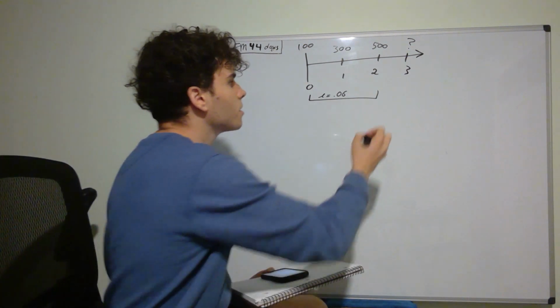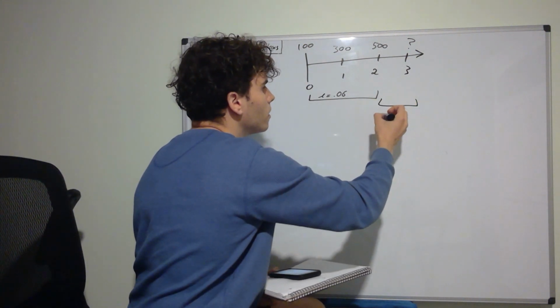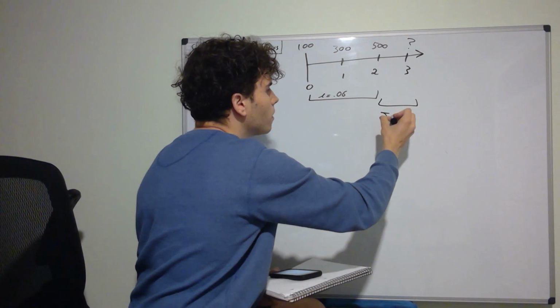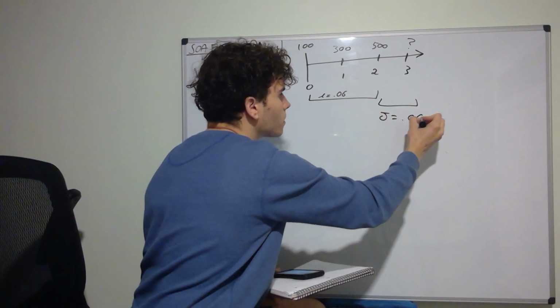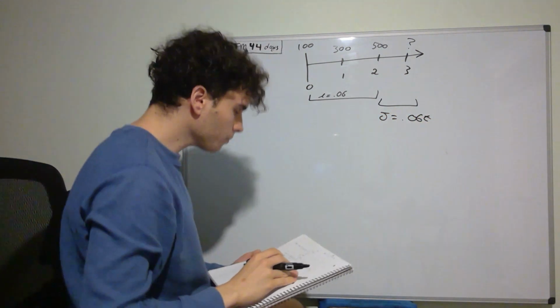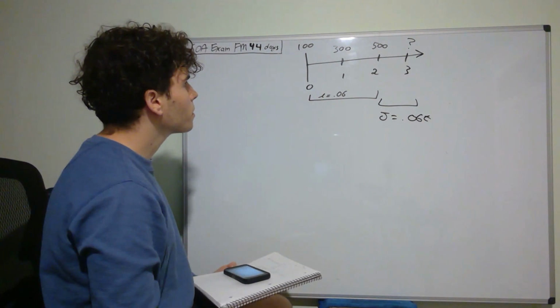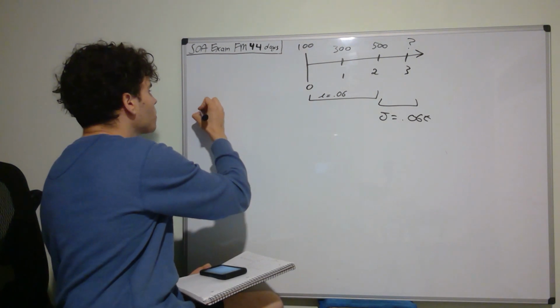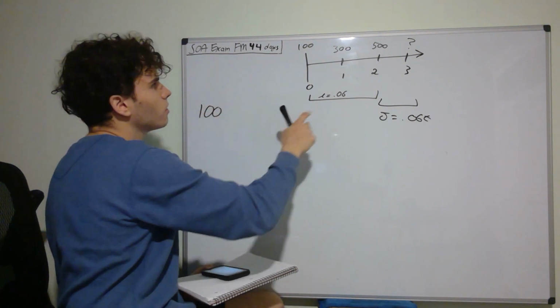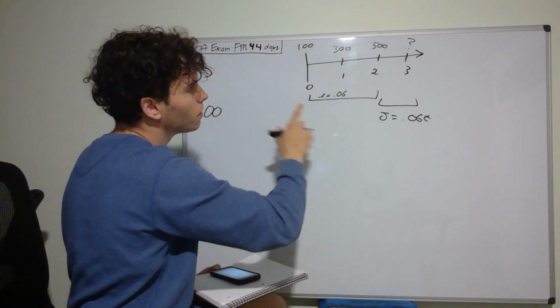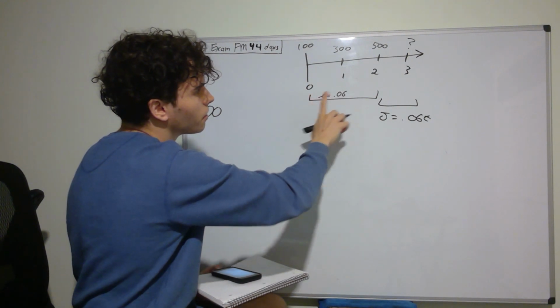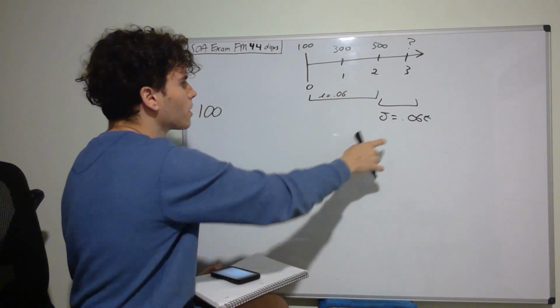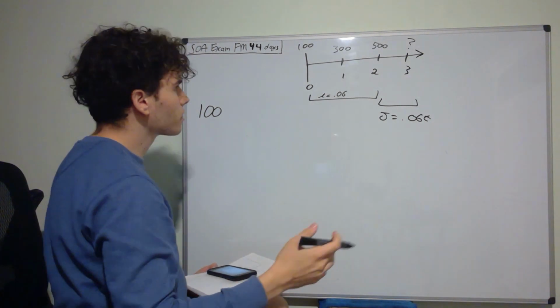And then for the last year, it is a delta of 0.06t. Alright, so simple interest is pretty simple. First off, we have $100. We're going to accumulate the $100 and $300 to year 2, and then we could do something else with a different interest rate or a constant force of interest.